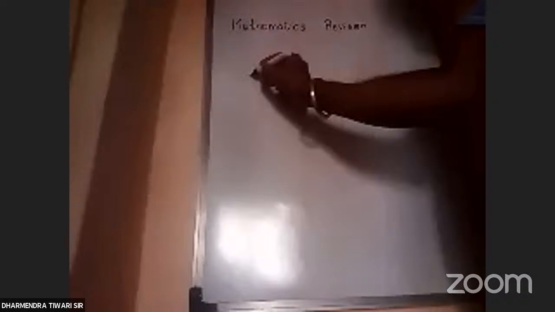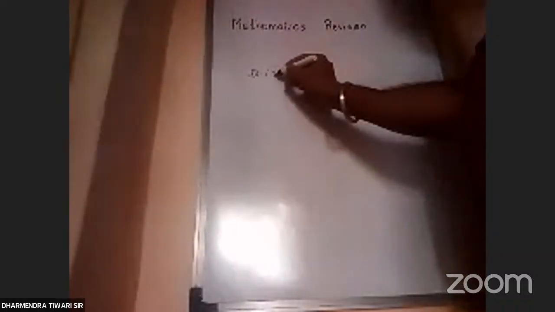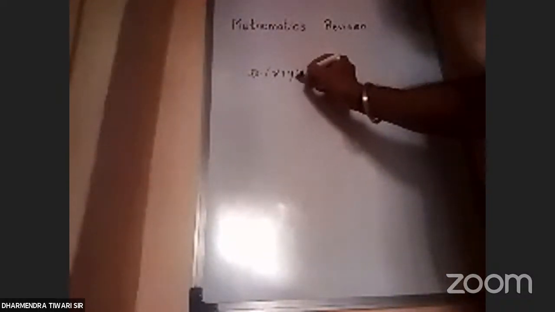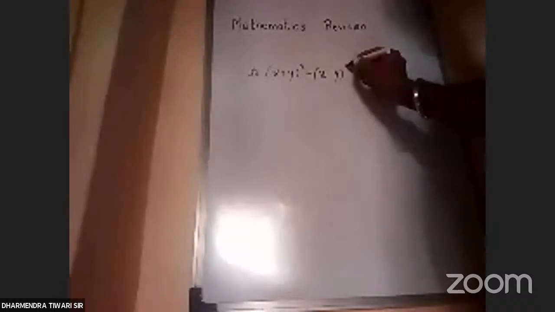First, we will take a simple example. We'll be doing 3 expressions based on this. First, the expression is x plus y the whole cube minus x minus y the whole cube.